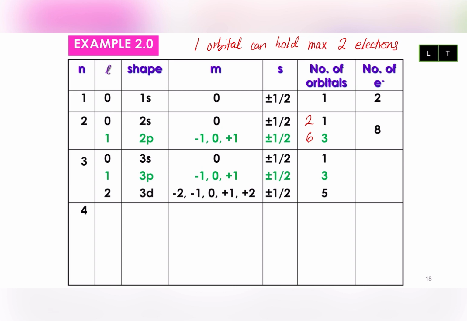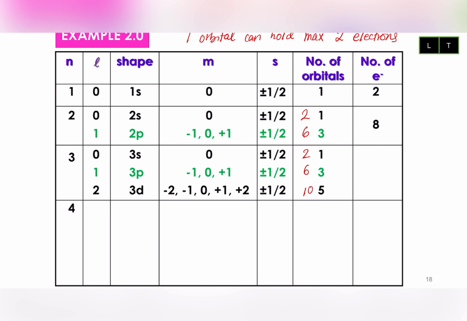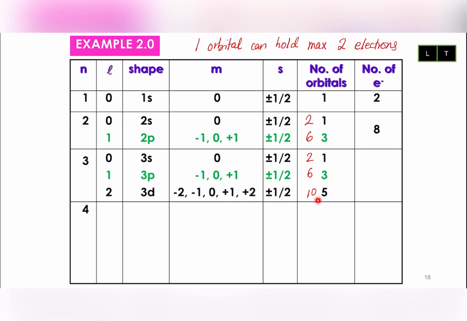So from here you have 1 orbital, 2 electrons; 3 orbitals, 6 electrons; and 5 orbitals, 10 electrons. If I add up all of them, it will be 18 electrons in the third shell.